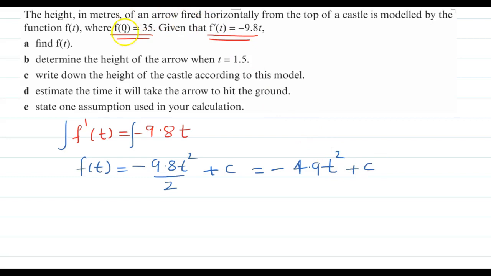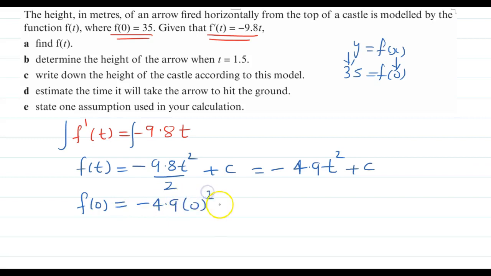Now it is given when x is 0, y is 35. So remember, y equals f(x) here. So 35 equals f(0), so basically x is 0 and y is 35. So here f(0) equals minus 4.9 t squared, so t is basically 0 squared, plus c, and f(0) is given 35.